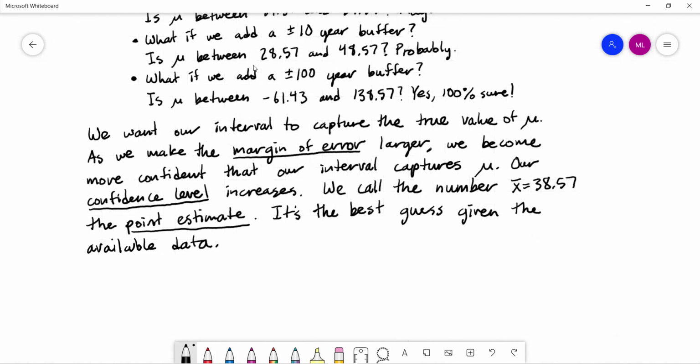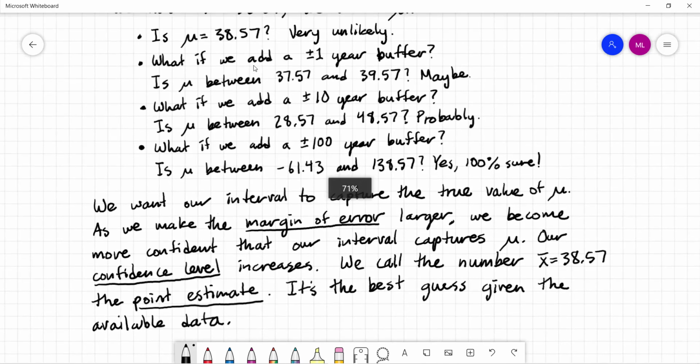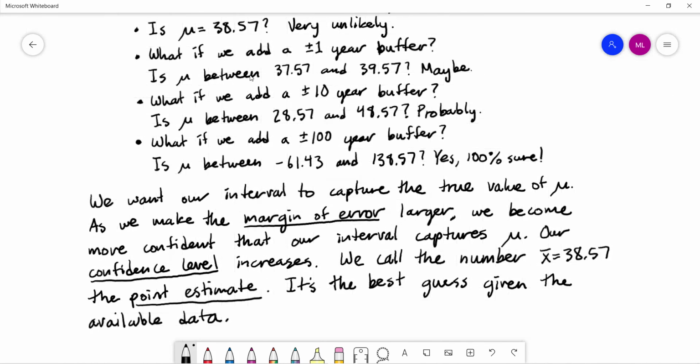So I realize we're writing a lot here and we're introducing some terminology, but hopefully what we've been talking about so far is also relatively intuitive. We're trying to guess an interval. So ultimately our confidence interval is going to be a set of numbers like we've got here, where I've got two numbers, a lower bound and an upper bound. And we're hoping that the true value of mu falls somewhere between those two numbers.